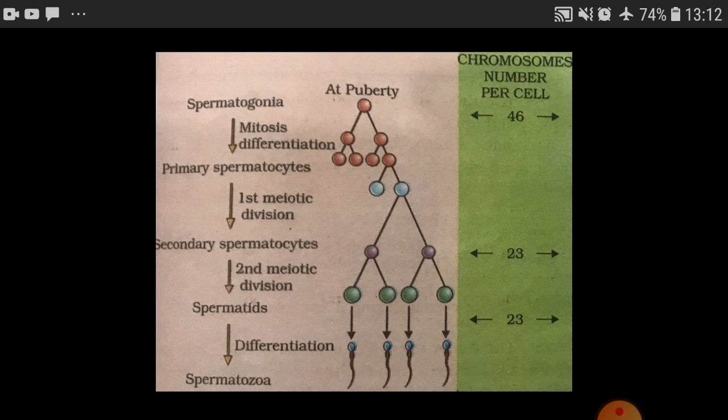This increased level of the gonadotropin releasing hormone then acts at the anterior pituitary gland and stimulates the secretion of the two gonadotropins, that is the LH and the FSH. LH acts at the Leydig cells and stimulates synthesis and secretion of androgens, which in turn stimulate the process of spermatogenesis.